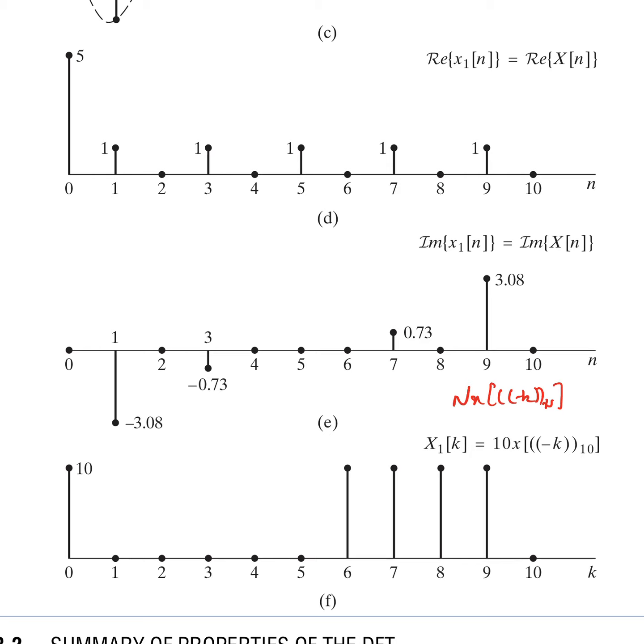So pay very close attention to the duality relationships we have discussed for the Fourier transform, for the discrete Fourier series, and also for the discrete Fourier transform. The key idea behind all the duality relationships remains the same. It is based on the inherent properties of either the Fourier transform or the Fourier series.